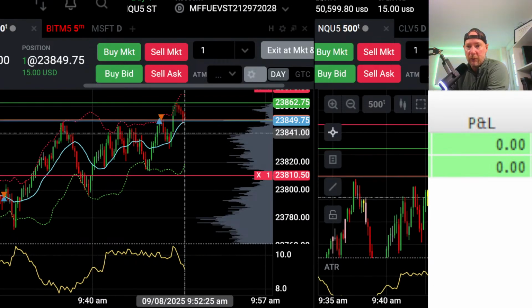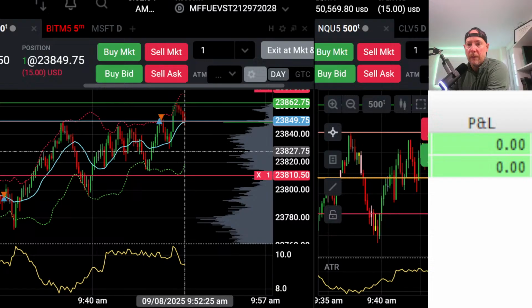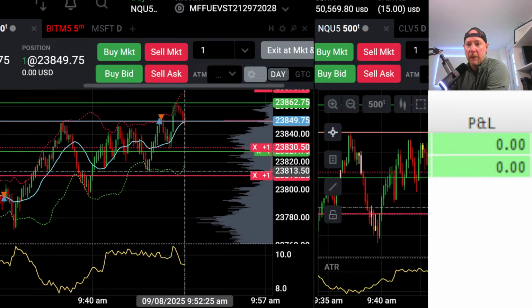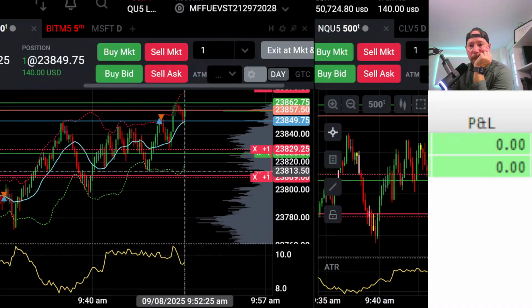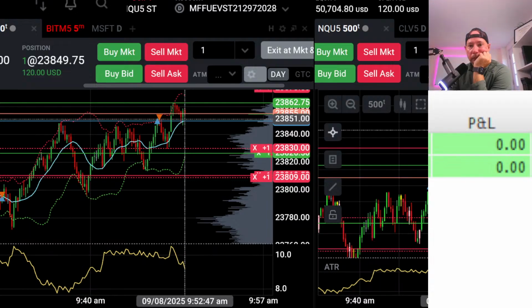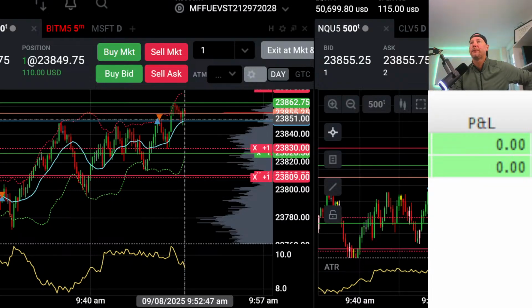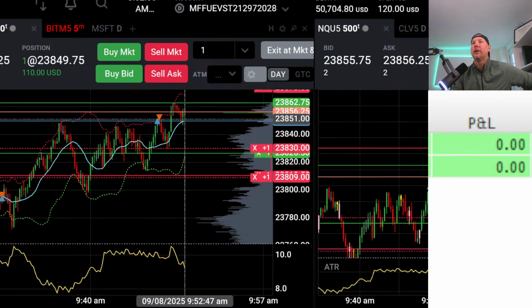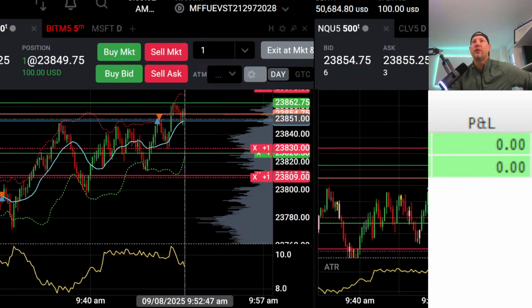So this is where our target will be, up there. Okay. I'm gonna try a similar trade on my other account. Probably gonna say order rejected.